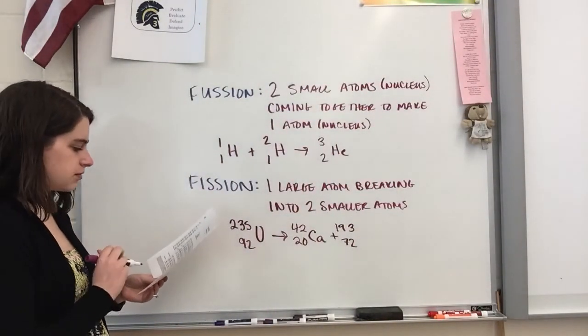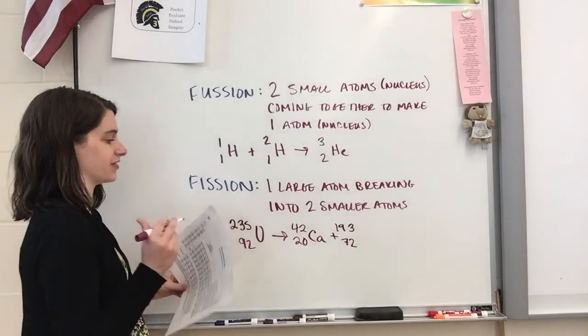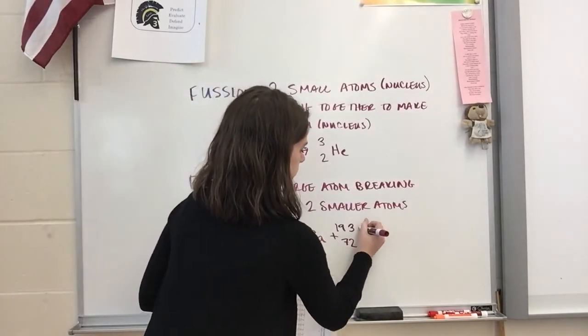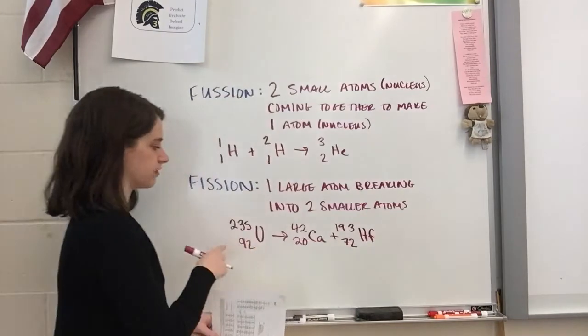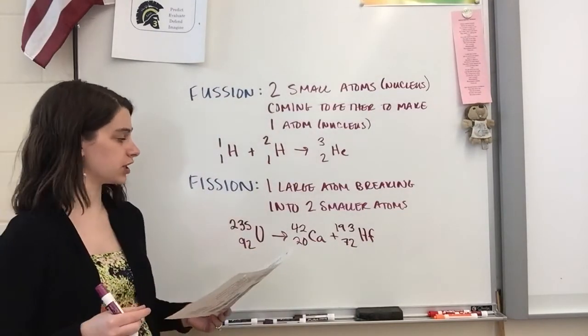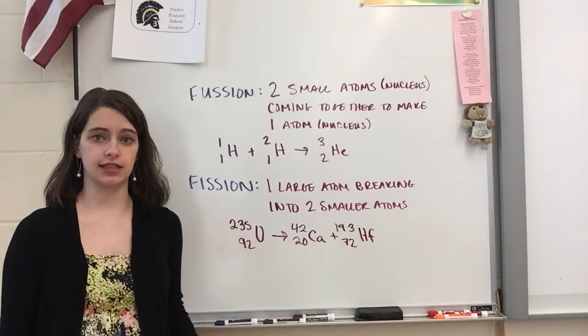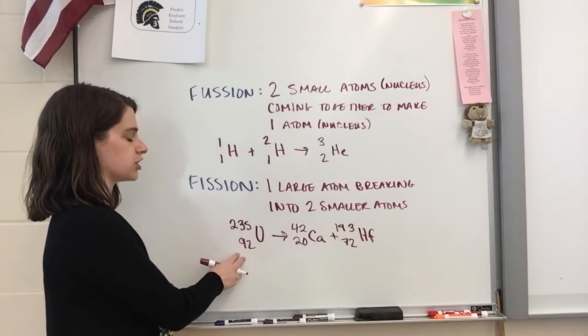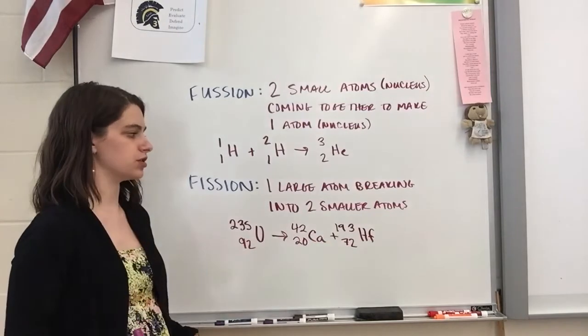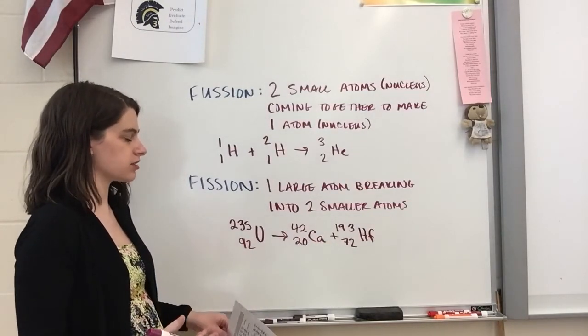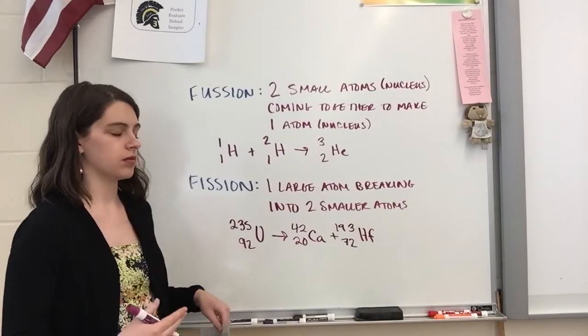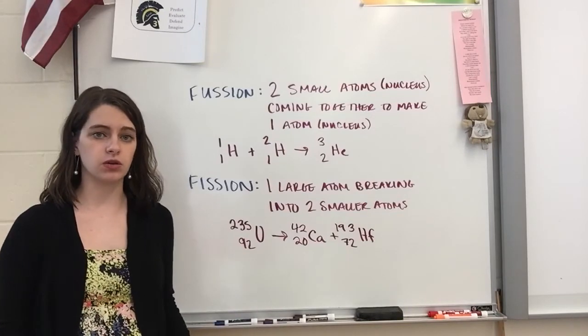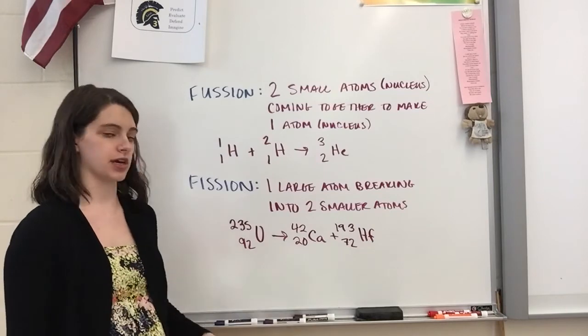So on my periodic table, 72 is hafnium. I don't even know if this is actually a real fission reaction, but it gets the idea across. So it's one large atom breaking apart into two smaller ones. So again, the law of conservation of mass has to apply. We're not gaining or losing any of our particles. They're just either coming together or breaking apart.